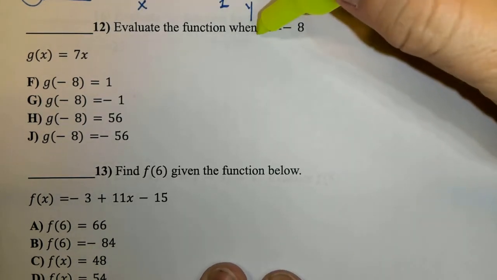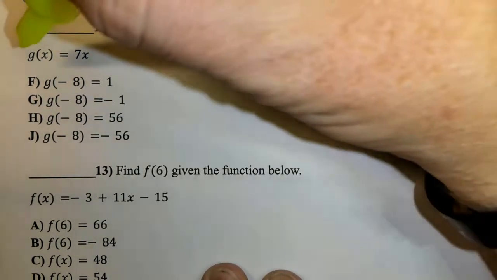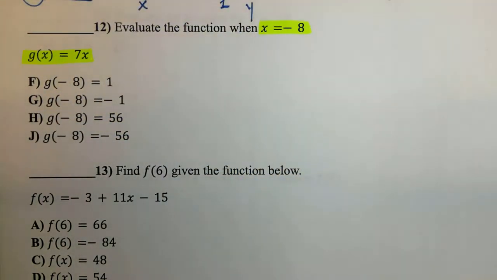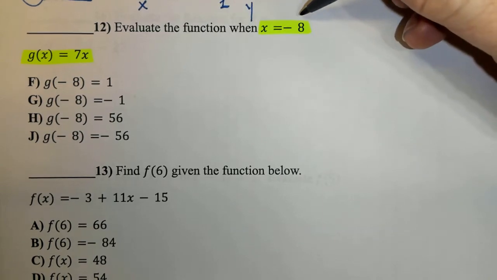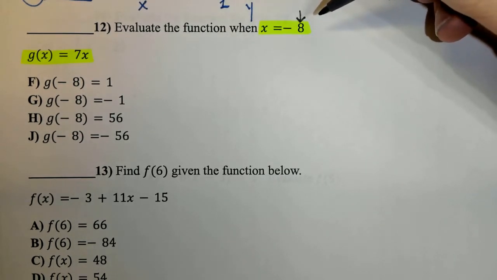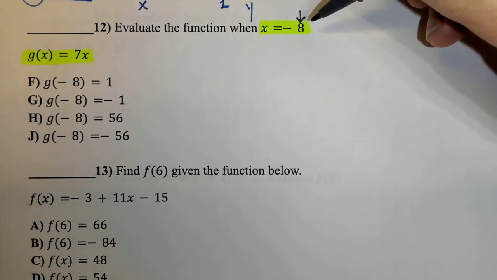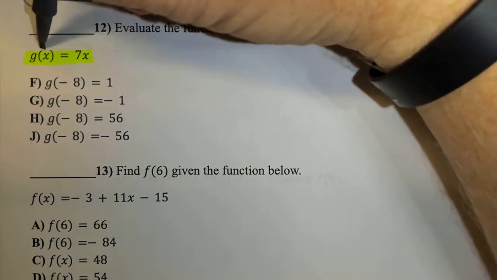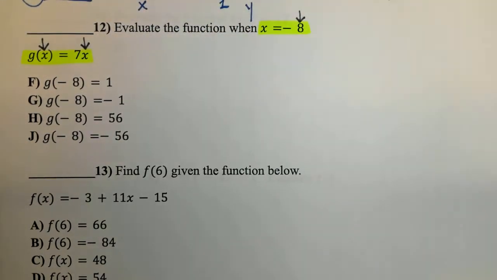Evaluate the function when x equals -8. So look, it tells me x equals -8. And then down here, that's my function. So just like on number 9, I'm going to take -8 and replace every x with that number. I'm going to write this over here because I have all this room.